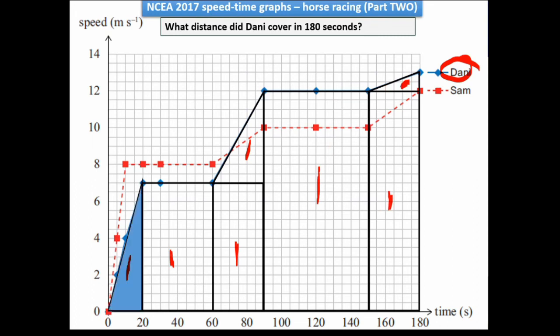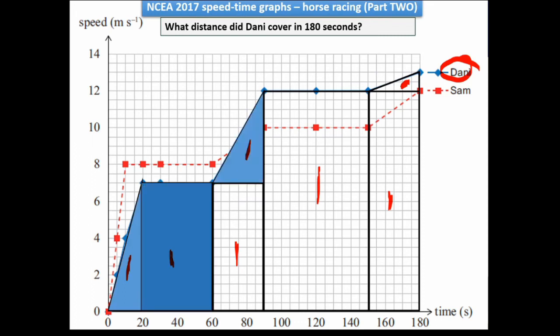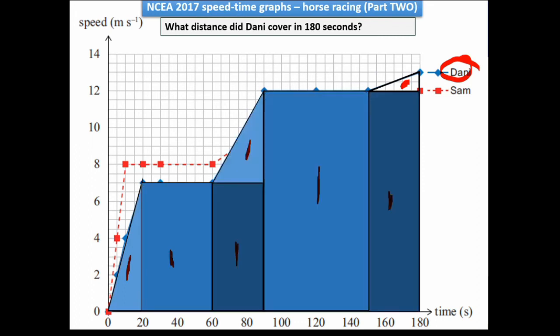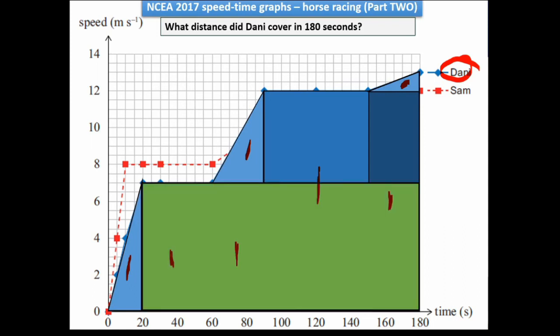Okay, so firstly, there's one triangle we know. We know all of these, but how can we simplify this? We can make this a lot simpler by combining this whole area there into one rectangle.